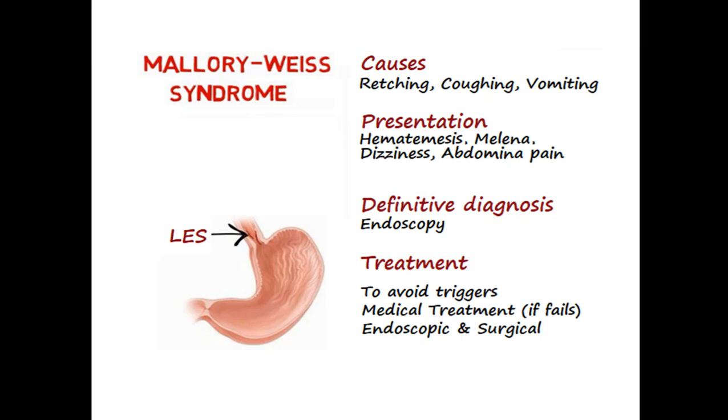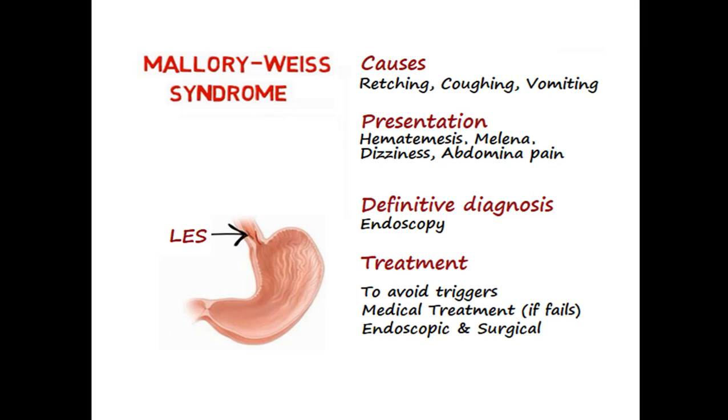Usually it results in black tarry stools, because the red blood cells contained in the blood are acted upon by bacteria and broken down, and they give a black color to the stool. But in hematemesis we may have fresh blood. The Mallory-Weiss syndrome can also cause dizziness and sometimes severe abdominal pain.